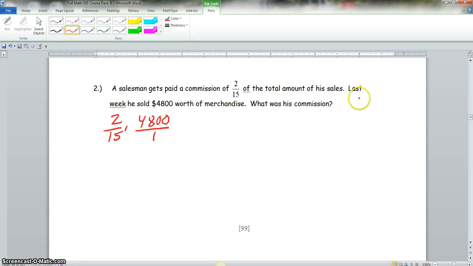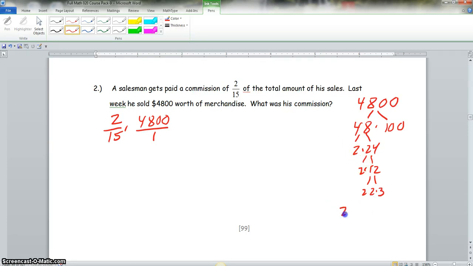Now we need to go off to the side and find the prime factorization of 4,800. Now what I'm going to do, to make this a little easier, is take 48 times 100. 48 we know is 2 times 24, which breaks down to 2 times 12, and 12 breaks down to 2 2's and a 3.